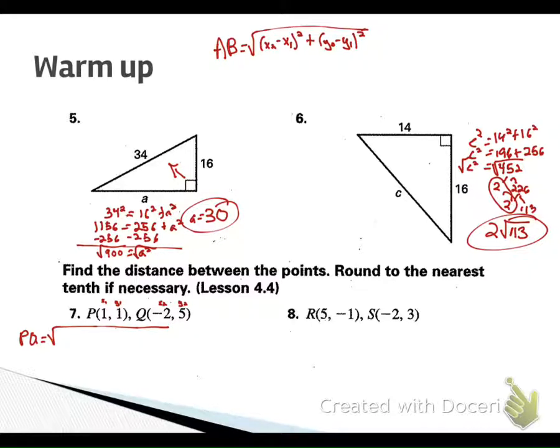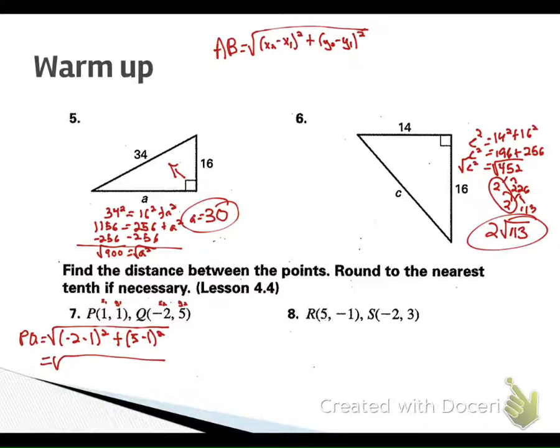So we know that it's going to be, Ethan, you ready? No. So we're just substituting them in. So what's your x2 value? Negative 2 minus 1 quantity squared plus 5 minus 1 quantity squared.